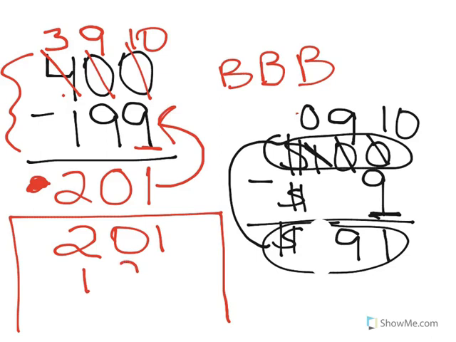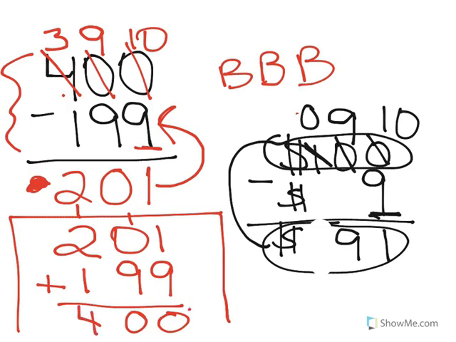So 201 plus 199: 1 plus 9 is 10, 9 plus 1 is 10, 2 plus 1 is 3, plus 1 is 4. And it matches our original number we started with.